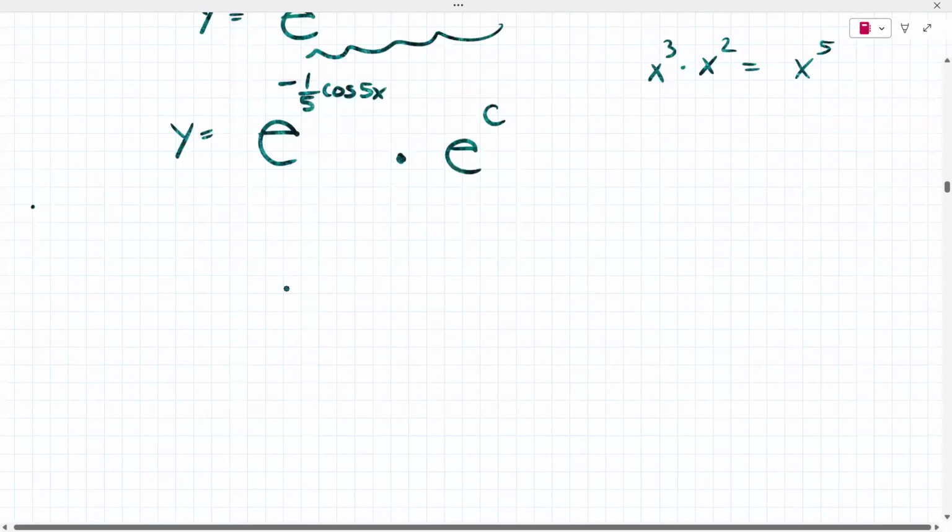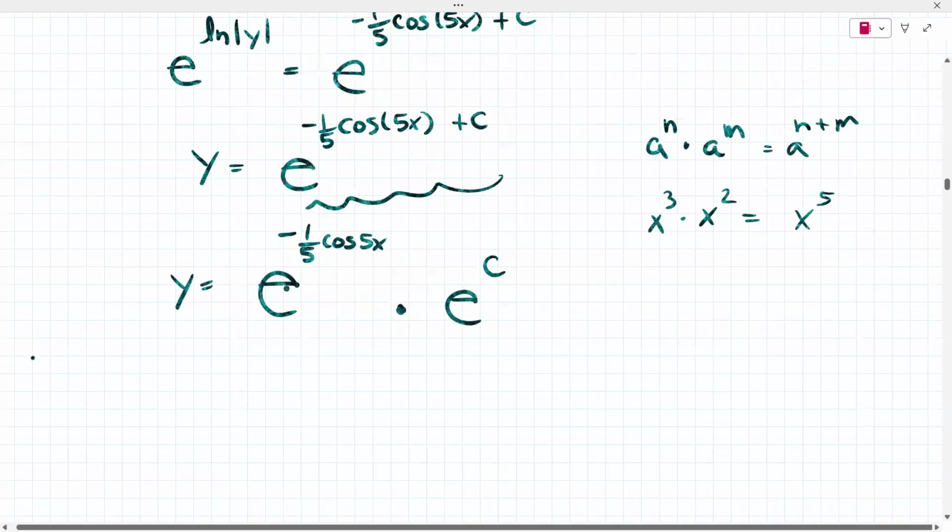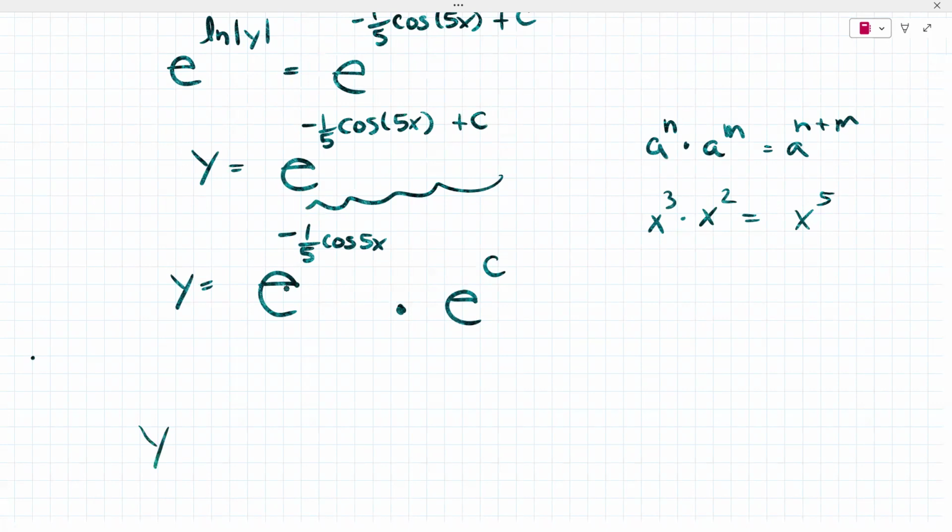And e to the c is a constant, right? A number raised to a constant is a constant. So you can say that could just be c, and then you could put that in front of the e. So that would be c e to the negative 1/5 cosine 5x.